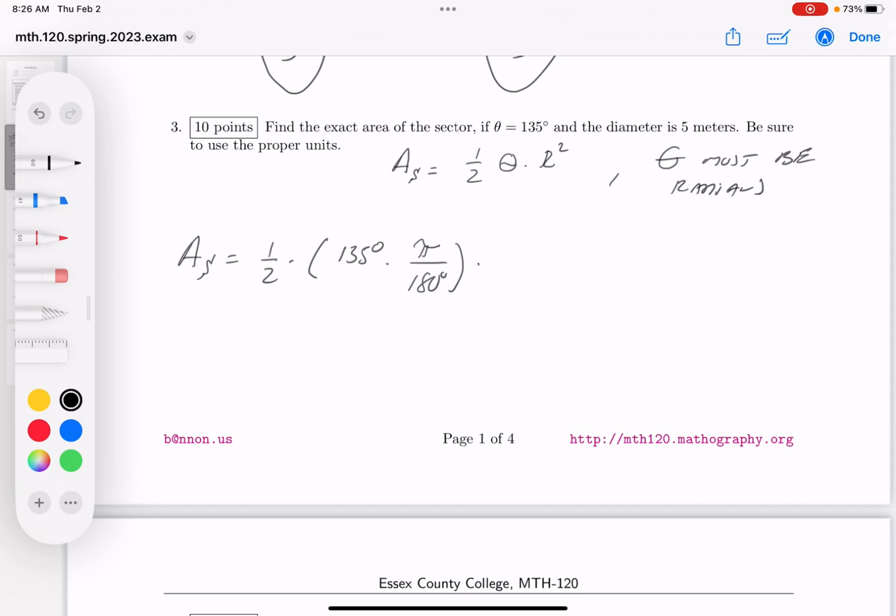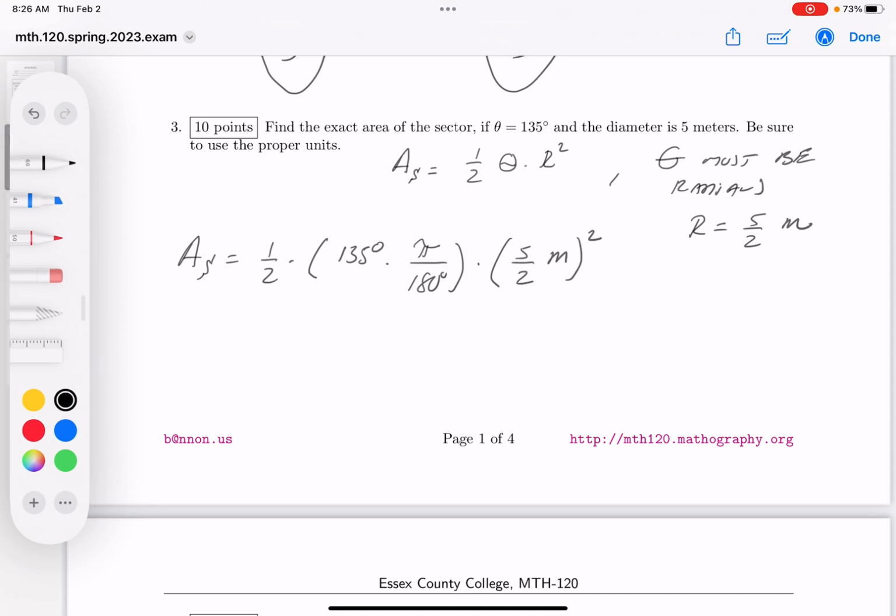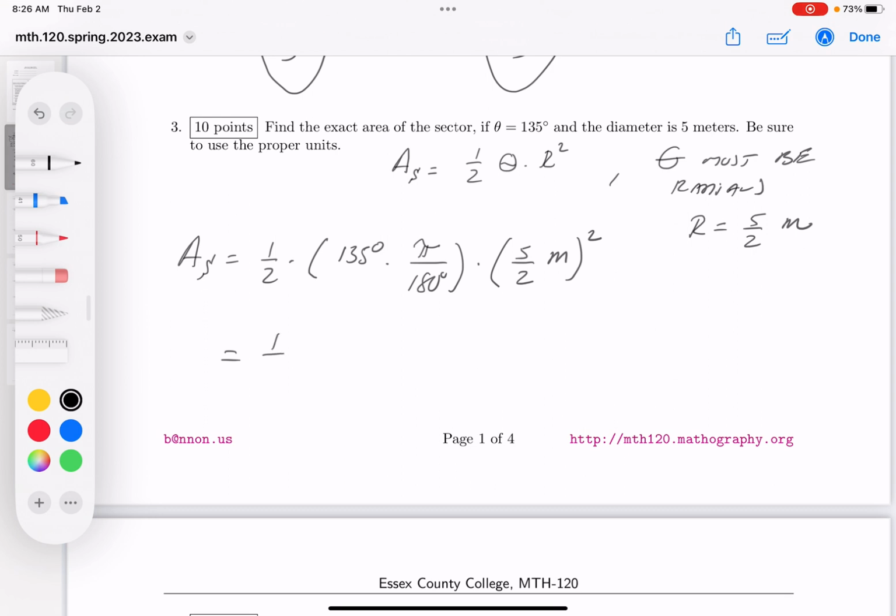Find the exact area of the sector. Oh, look at that. The diameter is 5. So that means the radius is 5 over 2 meters, right? Half of the diameter. So let's write that down. That's going to be 5/2 meters squared. Let's do the arithmetic, at least the arithmetic that we can do. And I'm only going to do arithmetic that I really can, I would say grade school arithmetic.